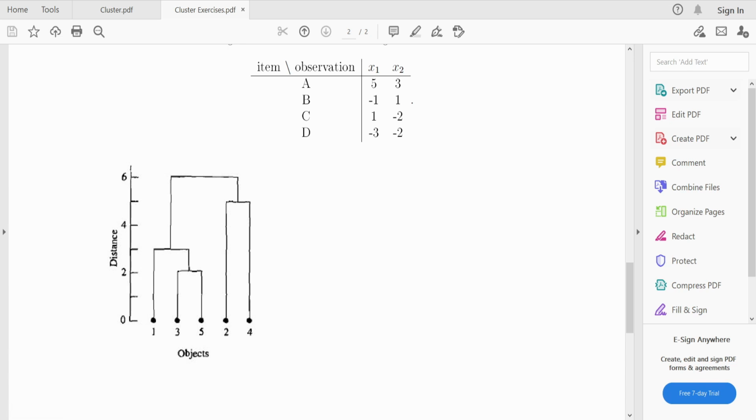But in this case, for example, you can cut it here. In this case, you would have clusters 1, 3, 5, and 2 and 4. So you would have 3 clusters. If you cut it here, then you have 2 clusters, 1, 3, 5, and cluster 2, 4. So you would cut it here if you want 2 clusters.